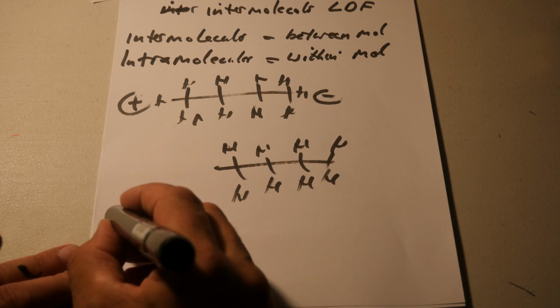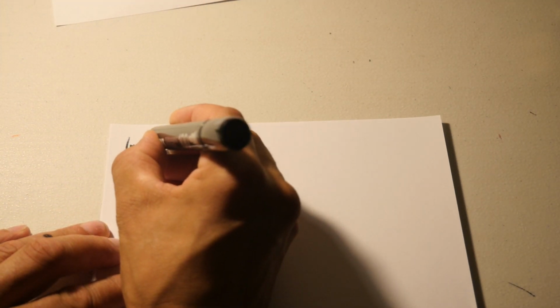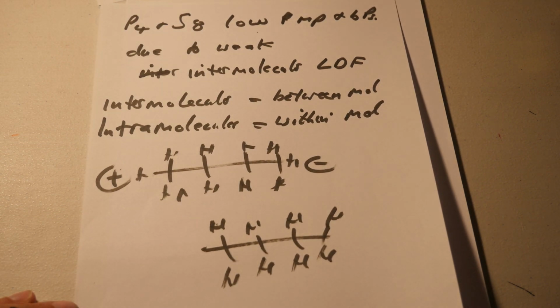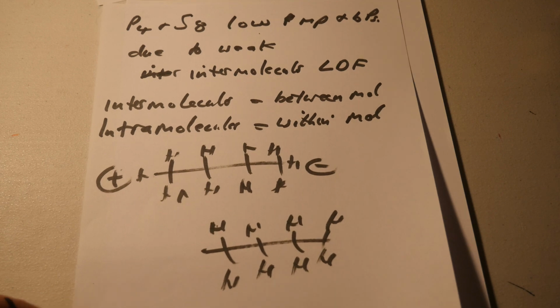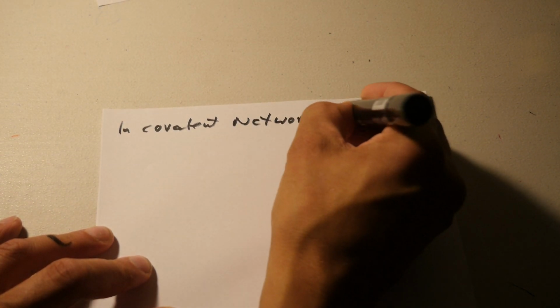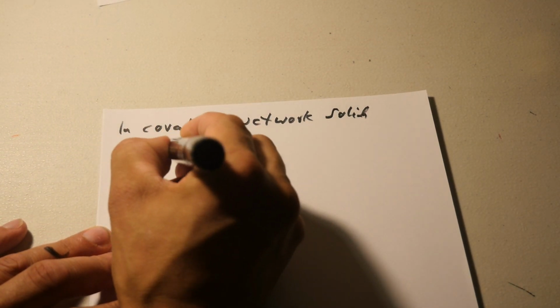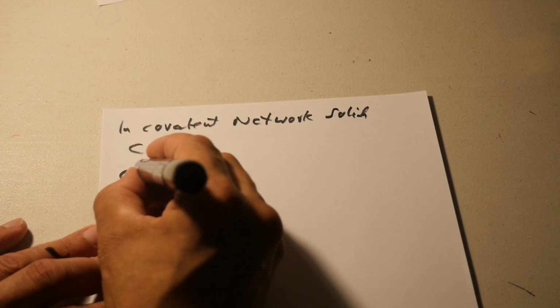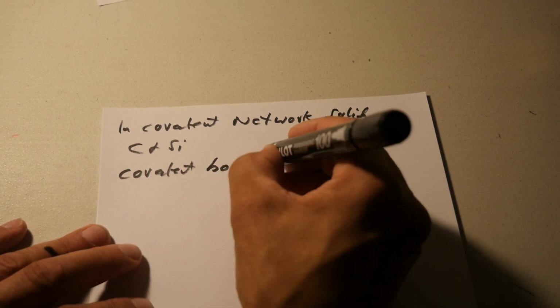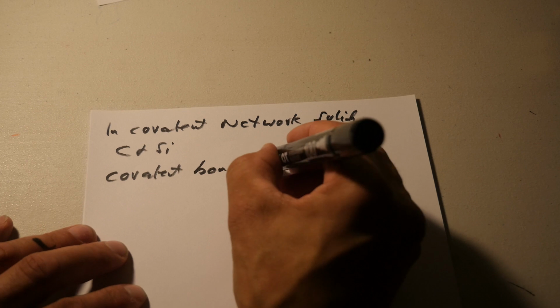In covalent network solids of carbon and silicon, the covalent bonds need to be broken, but it's much harder.